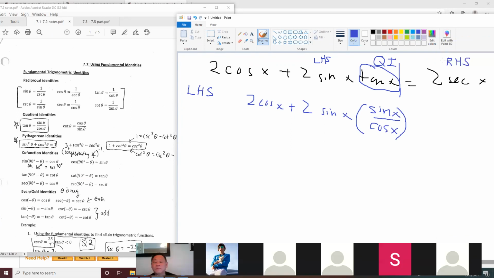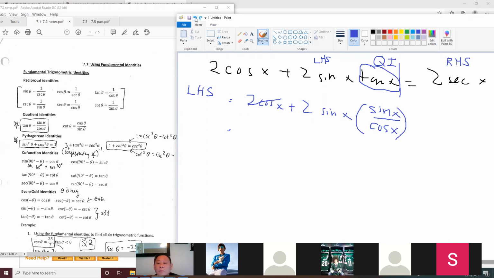Now what do you do next? Don't forget, we need to get 2 secant x here. You cannot cancel this one with this one. Would you distribute the 2 sine x into the tangent?